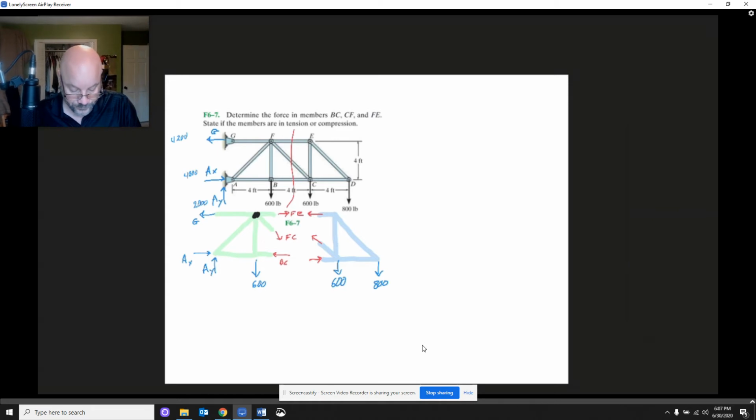And FC goes through F, its line of action goes through F. FE goes through F. G goes through F. The 600 going down goes through F. So, of my three unknowns, I can eliminate two of them algebraically if I consider the moment around F. Remember, we're going to be looking at summing x's, summing y's, and moments, in any order, in any way that we want to. So let's do that first.